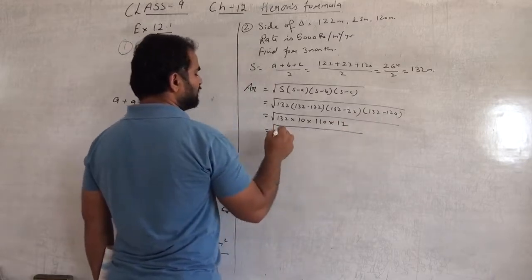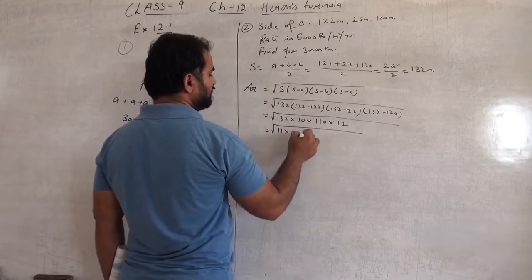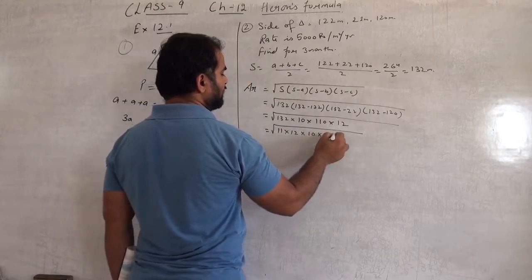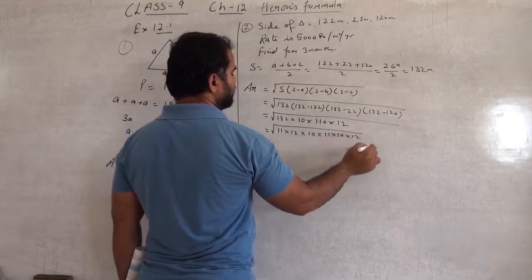We can write 132 as 11 into 12, multiplied by 10, multiplied by 11 into 10, multiplied by 12.